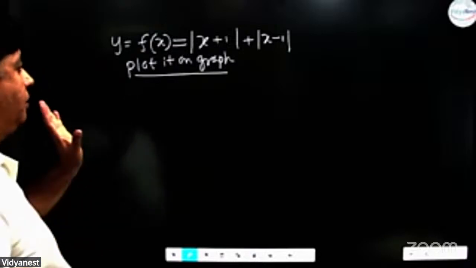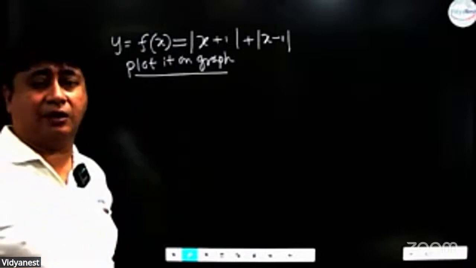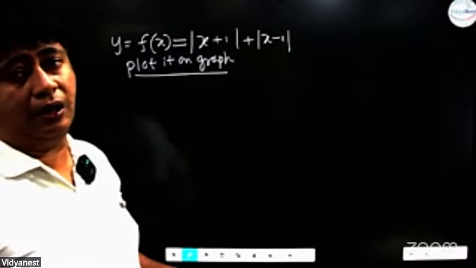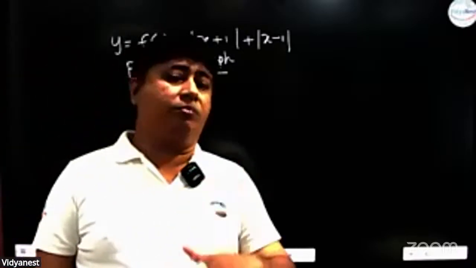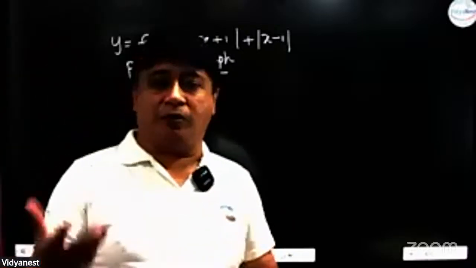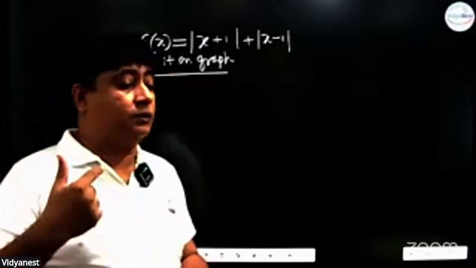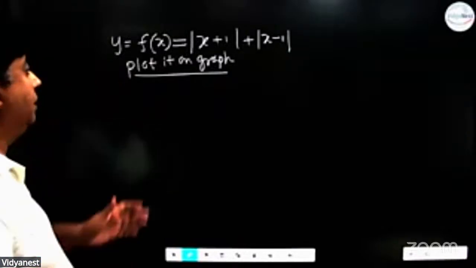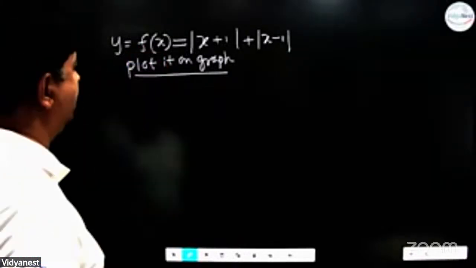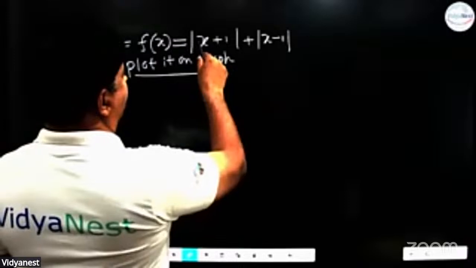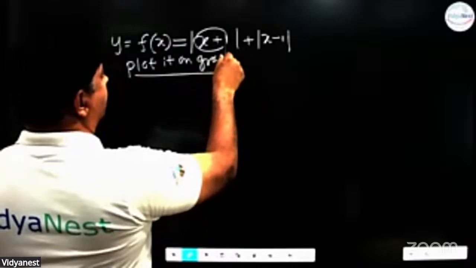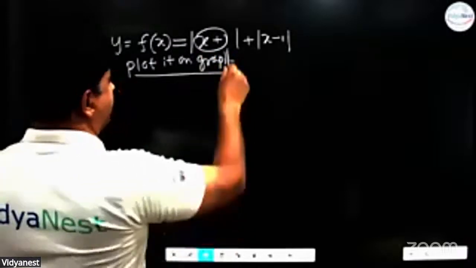First of all, we will go with conventional method, which is shown in your board book or any board level book. Then I will tell you one shortcut trick. What is that conventional method? See, inside mod, there are two numbers, two variables.